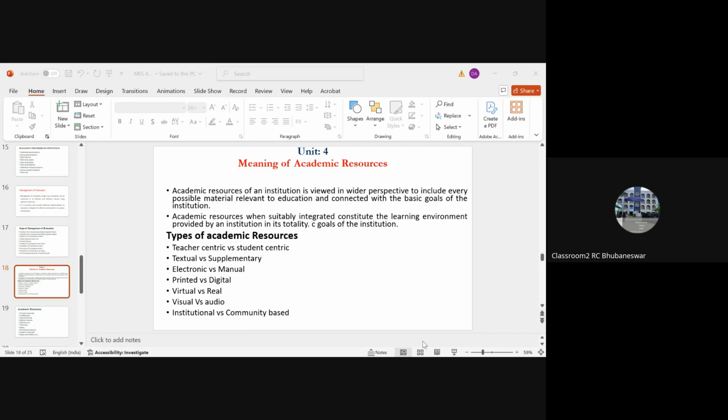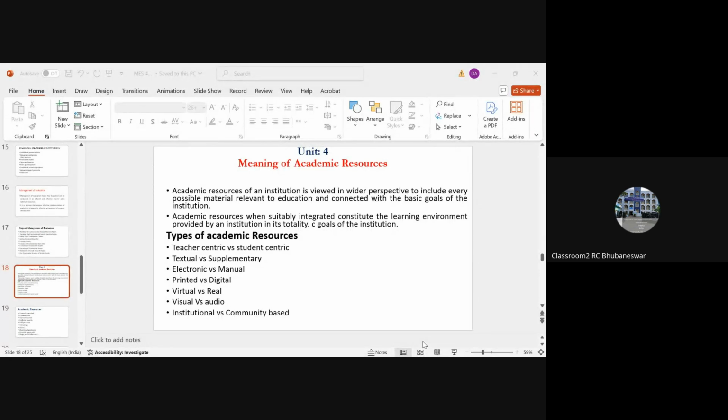The resource is required by all. So academic resource of an institution, in the wider perspective of meaning, includes every possible material which is relevant to the educational process and connected with the basic goals of the institution.